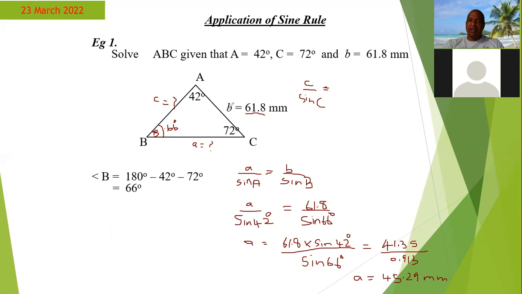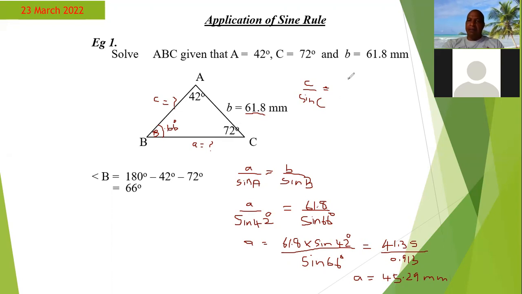So we could use B over the sine of B, because we know that side and we know that angle. Or we could also use the side A over the sine of A, because we did calculate the side A and we know the angle A. So whichever one of these you want to use. But since you're working with B over sine B already, let us work with that.